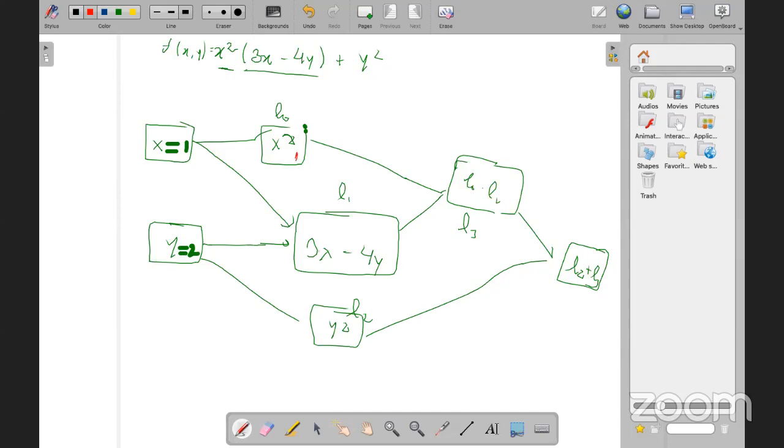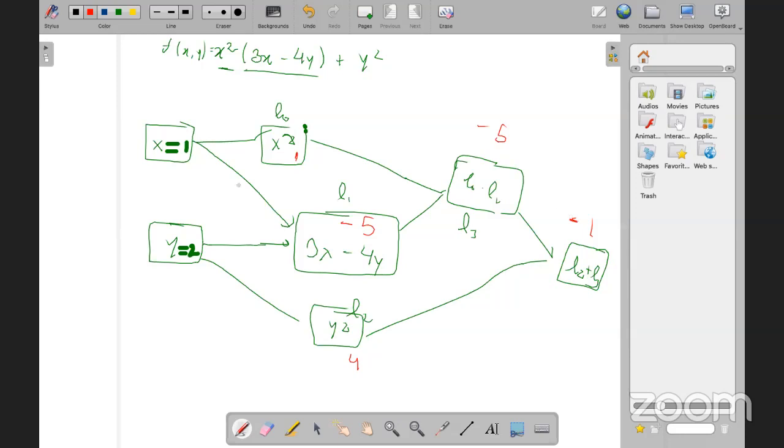When you come here, it is 3 minus 4 twos are 8, I mean, 3 minus 8 is minus 5, and so on. So we can evaluate this. This is 4, and then L0 and this are multiplied, and this will give you minus 5, and then you add them up, and it will give you minus 1. So this is just a simple thing.